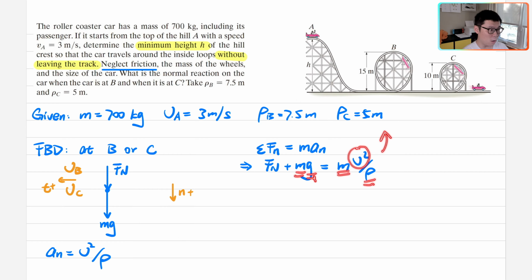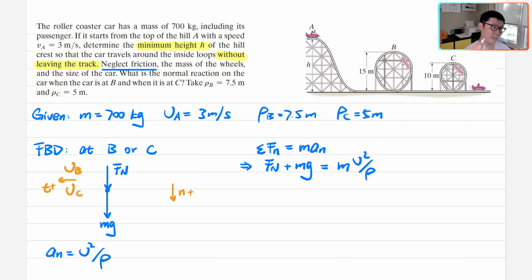All these are fixed. So we have two variables here, Fn and the velocity. Fn and velocity are proportional, though not linearly, of course, since there's a v squared here. So if you have a super large speed, your velocity is very big, then that means your Fn is very big.